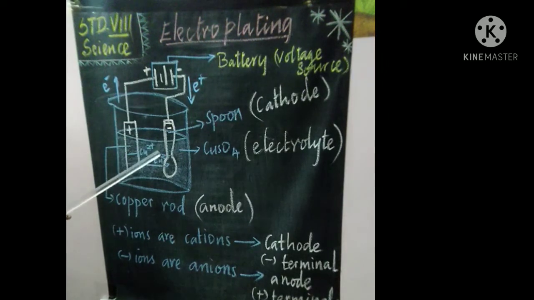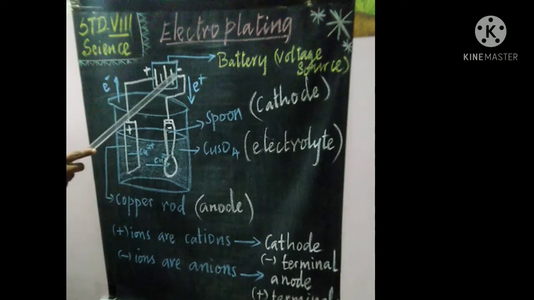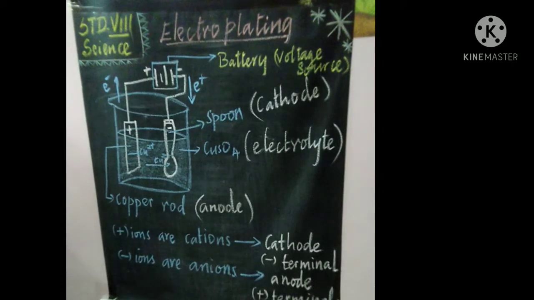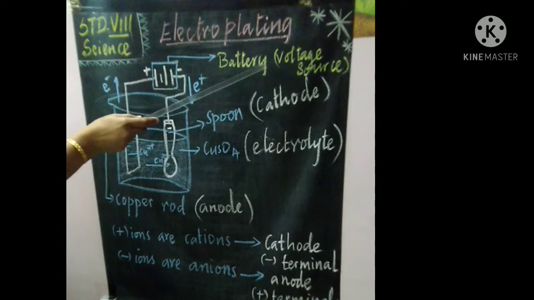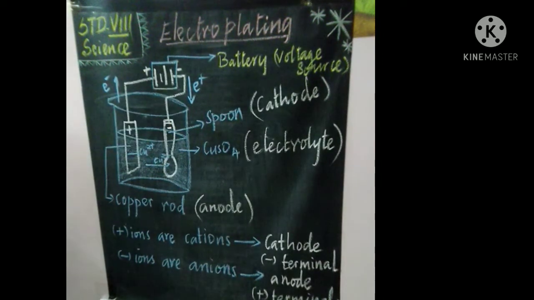The metal which is to be coated by another metal has to be fixed with the negative terminal of the battery. Keep in mind, always the metal which is to be coated should be attached to the negative terminal of the battery, that is the voltage source.